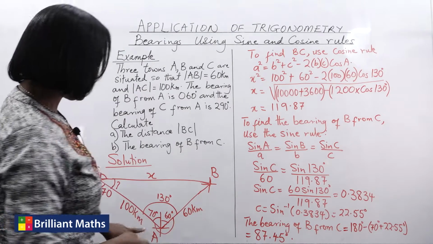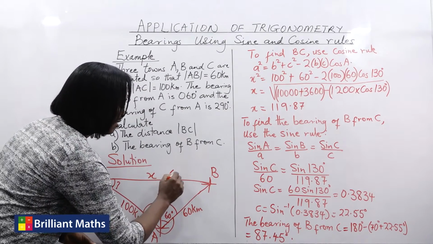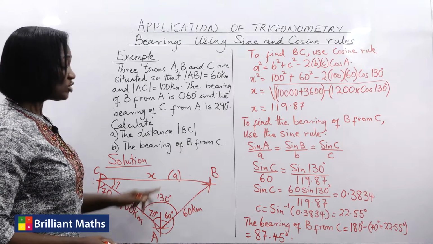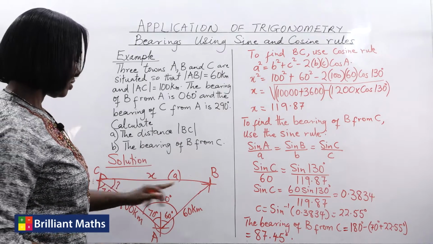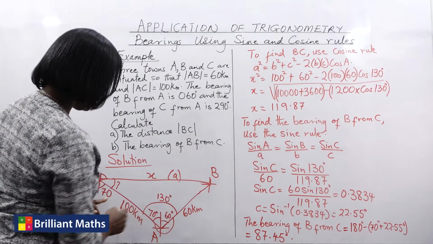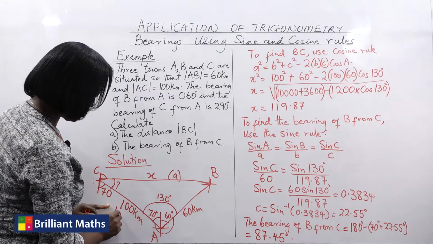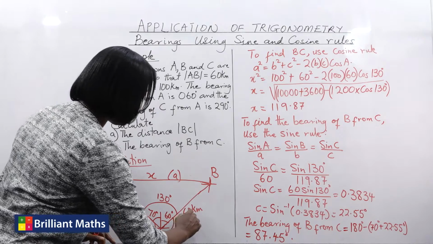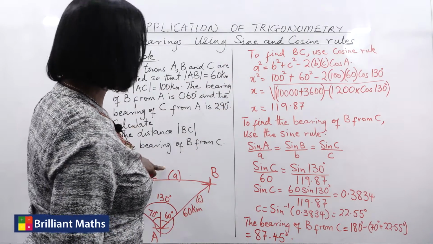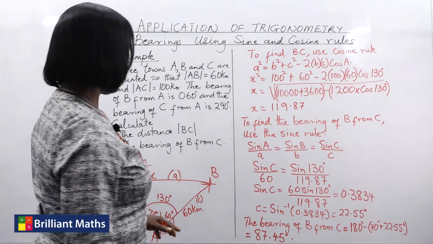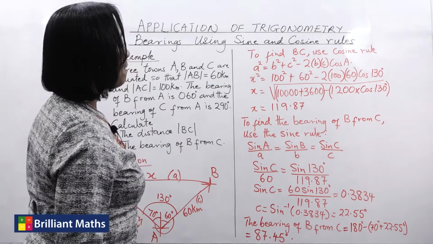So to find x, if this is our A, that's angle A, so that side is lowercase letter a. That's our angle B, so this will be our lowercase b, and then that will be our lowercase c. So using the cosine rule, we have that a squared is equal to b squared plus c squared.